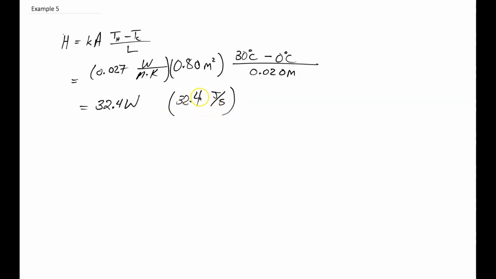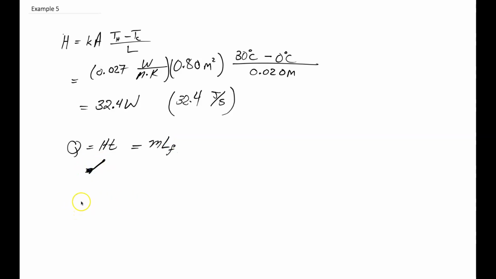That's why it's called a heat current, because it's the amount of heat per unit time. To get the total flow of heat, that's going to be the heat current times the time, and we can use the fact that this is also equal to the mass times the latent heat of fusion.